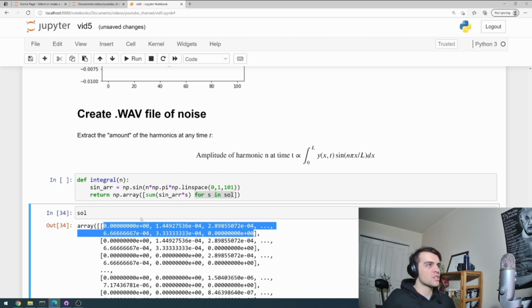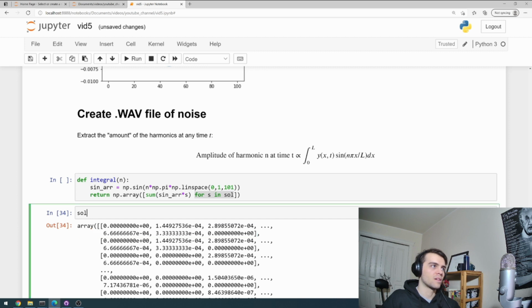For each of these, I'm going to take the sum of this sine times this. And that's like this integral here. I'm not including dx, but it's proportional to that. By the way, this is what proportional means. I think there's a 2 over L literally there, but it doesn't matter. We're going to normalize it before we make the wave anyways. So I'm going to loop through all times, all rows, and say how much of that nth harmonic there is, right?